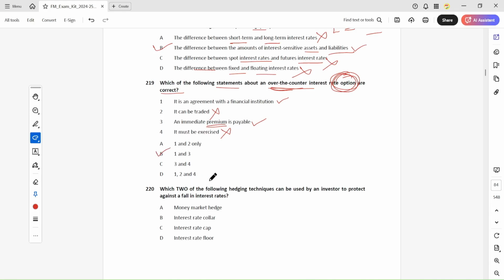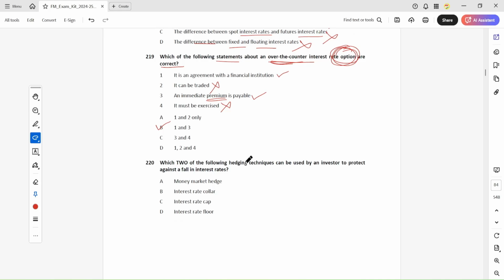Okay, which two of the following hedging techniques can be used by an investor to protect against a fall in interest rate? Because a decrease in interest rate will decrease the income of the investor.